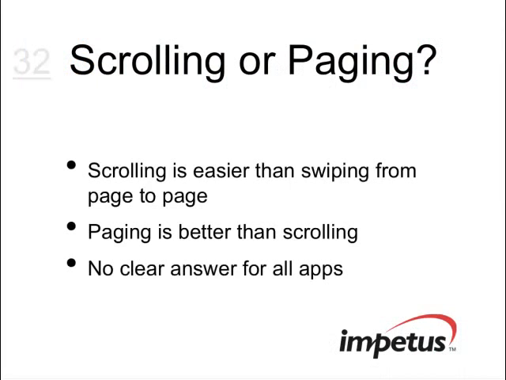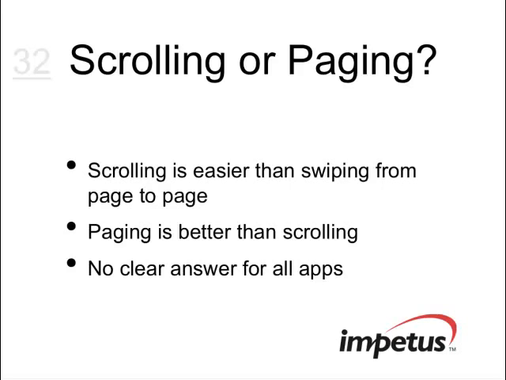Another question that people have about designing for the iPad is scrolling or paging. So scrolling is clearly easier than swiping from page to page. On the other hand, depending on your data, there are people that believe paging is easier than scrolling. The problem is that there's no clear answer for all applications. You have to know your data, you have to know your users, you have to do usability testing.